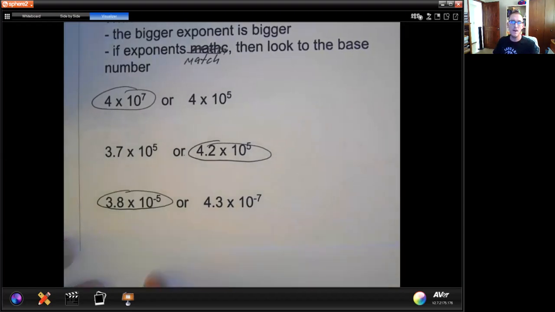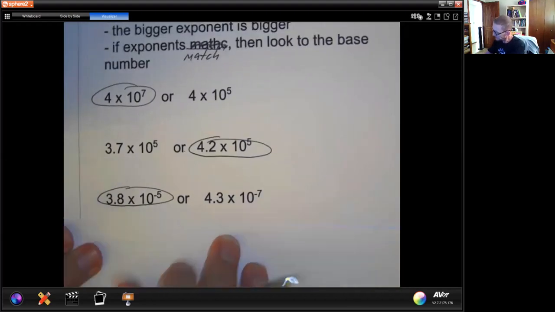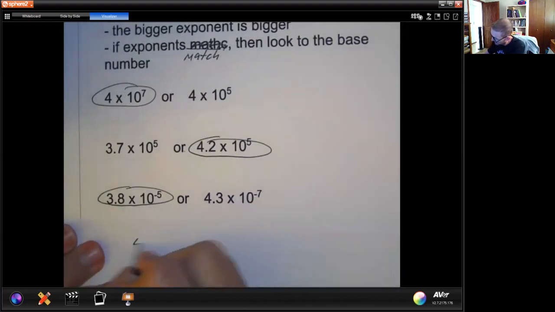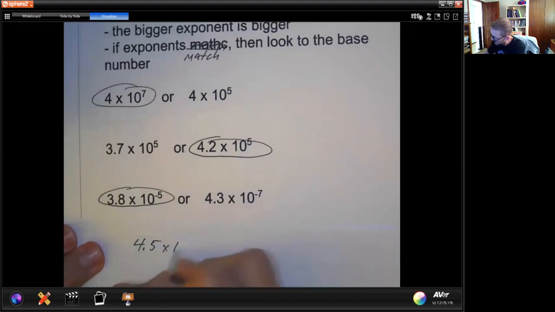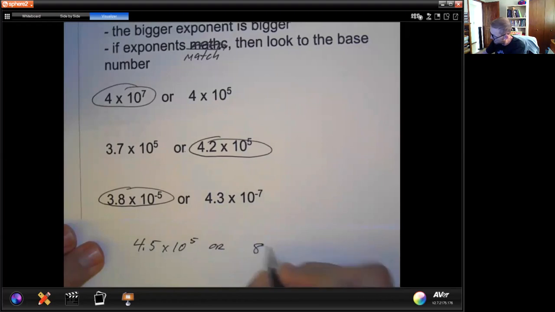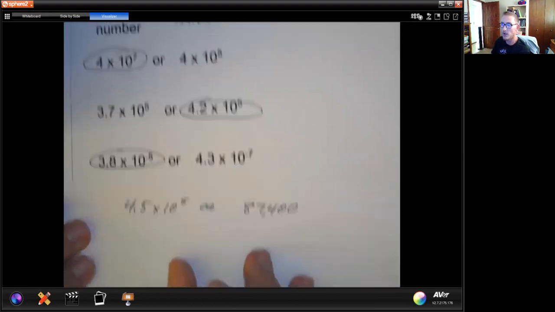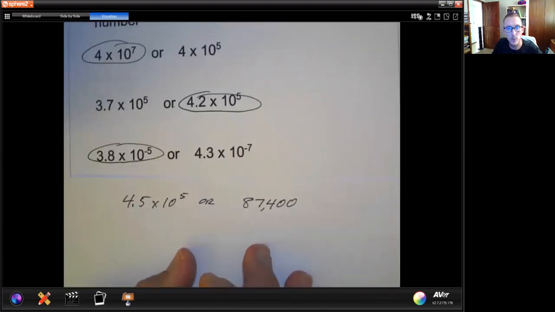Now, in order to compare numbers, they're both going to have to be in scientific notation. So if I have 4.5 times 10 to the 5th, or 87,400, if I have to decide which one of these is bigger, I have to make them both standard or both scientific.